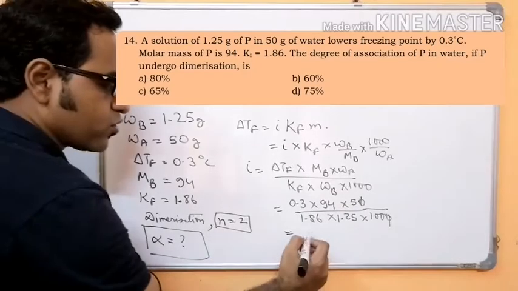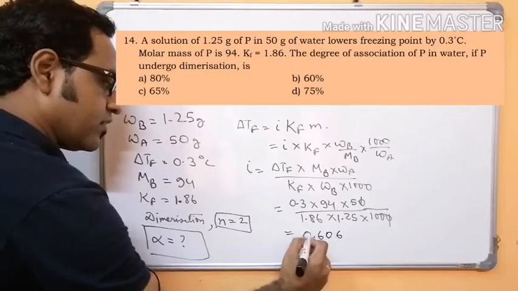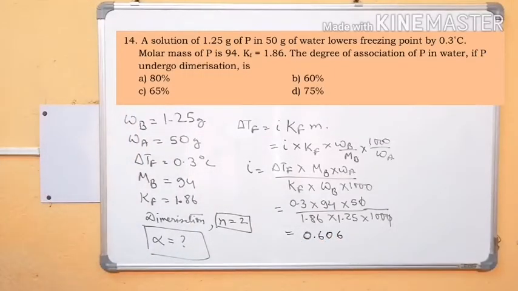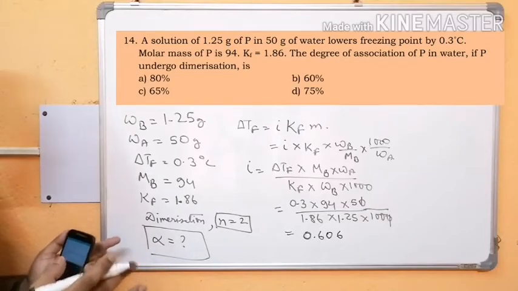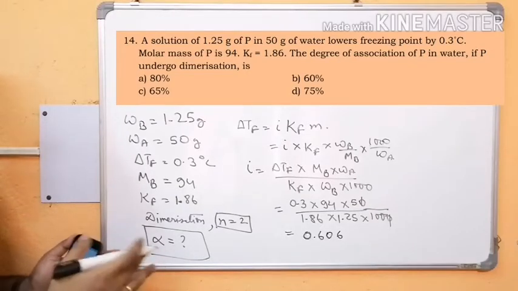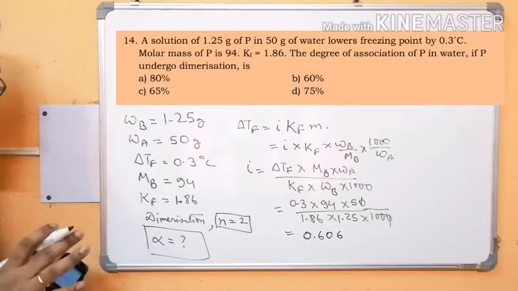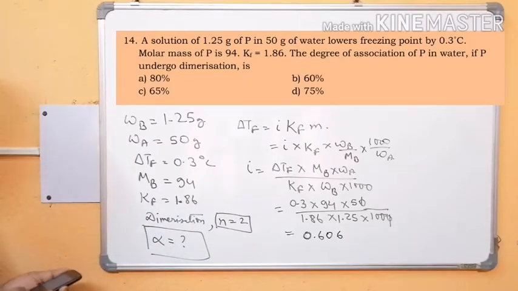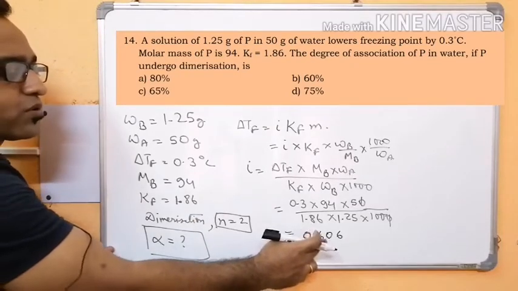So it is coming out to be 0.606. Without a calculator also you can solve, but that will take more time and the video will be much longer. So I am doing the calculation in the calculator. You can do it yourself. It will not take much time if you practice 2-3 times. Okay, so i equals 0.606.